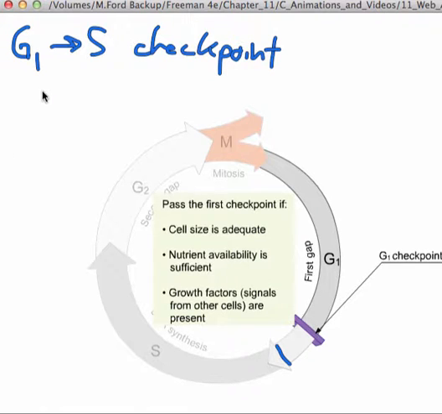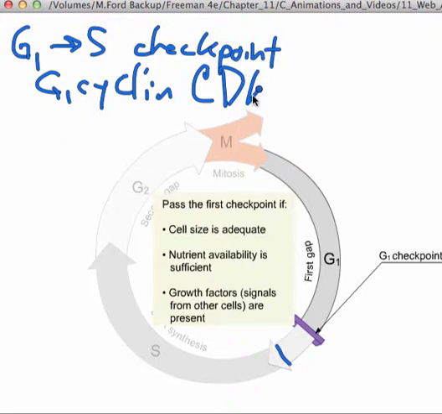This protein, this G1 cyclin, works together with another protein called the cyclin-dependent kinase, or CDK. And when the G1 cyclin is together with the cyclin-dependent kinase, this complex can activate the proteins necessary to go from G1 on into S.